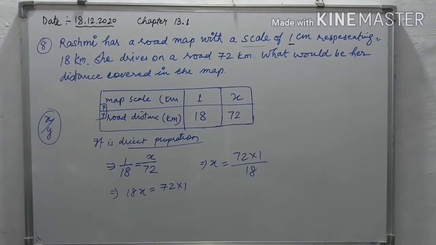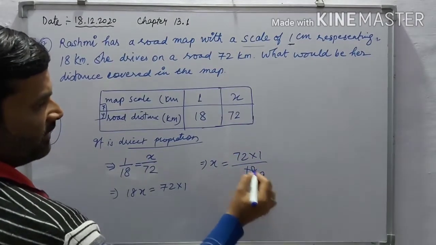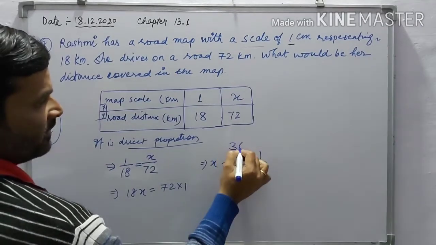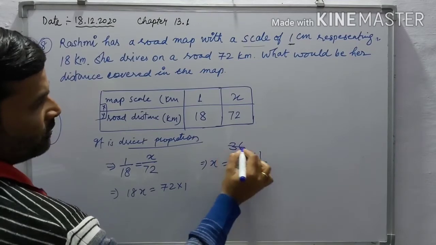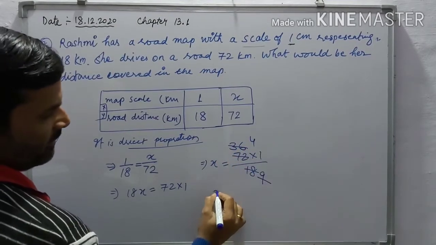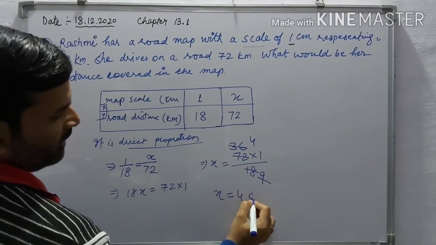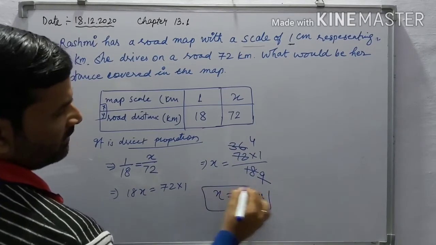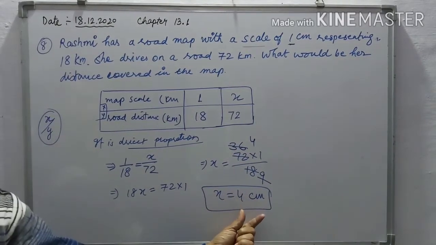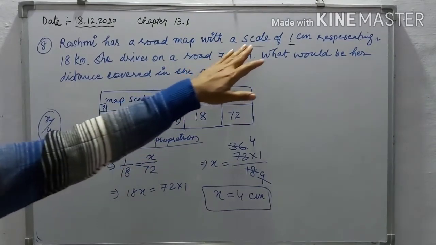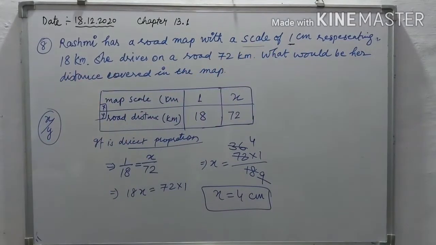Cutting, 2 nines are 18, and 4 nines are 36. It means x is equal to 4 centimeters. So a 4 centimeter distance on the scale represents the distance of 72 kilometers.